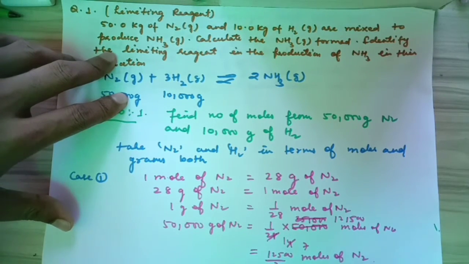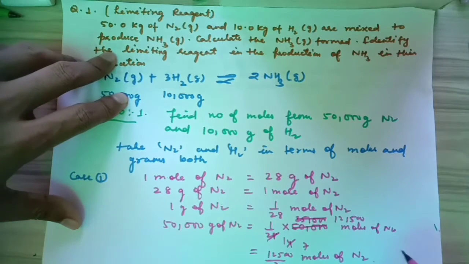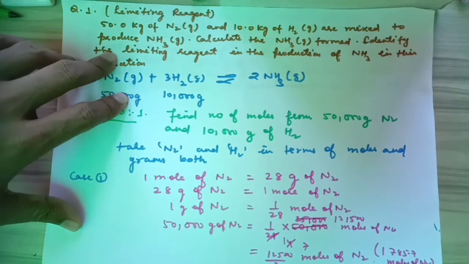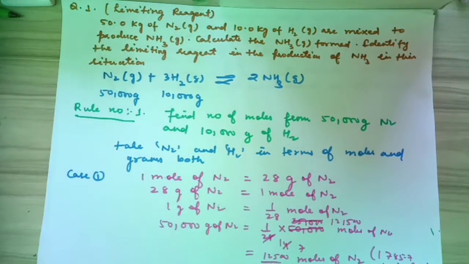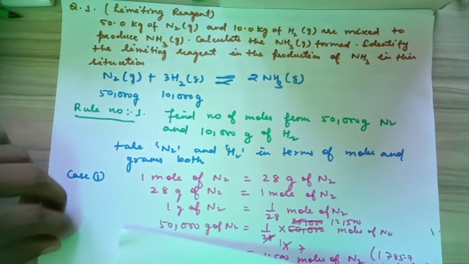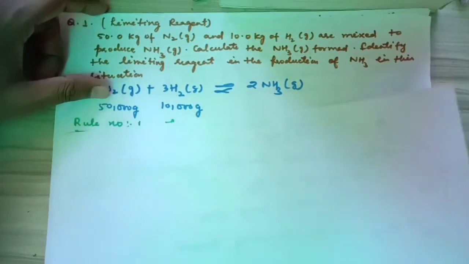So it is part 1, or we got 1785.7 moles of nitrogen. So let's find the amount of hydrogen from 10,000 gram.